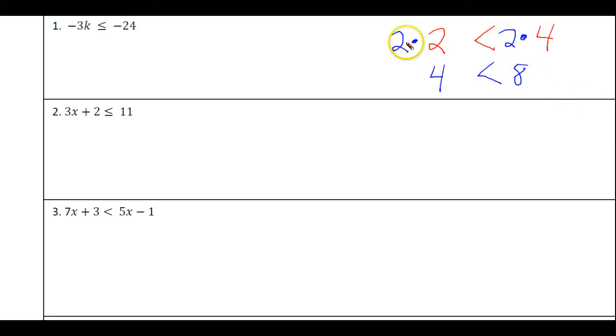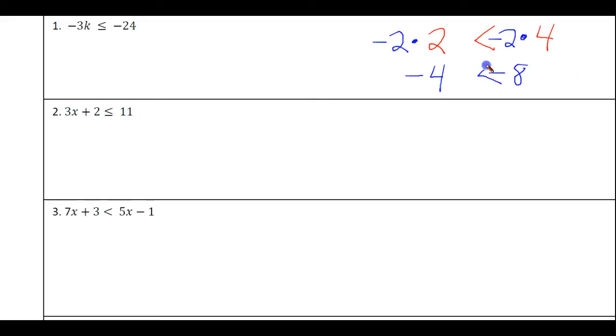But if instead of multiplying by a positive 2, we were to multiply both sides of the inequality by a negative 2, this then becomes negative 4, and this becomes negative 8, and this no longer is a true statement.